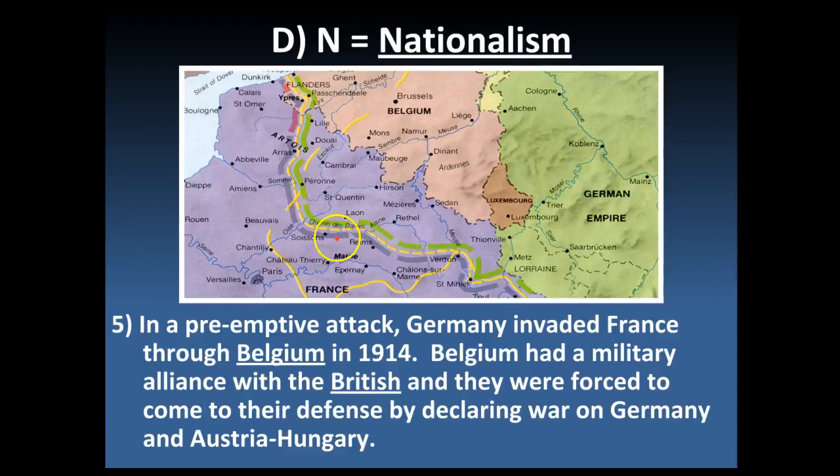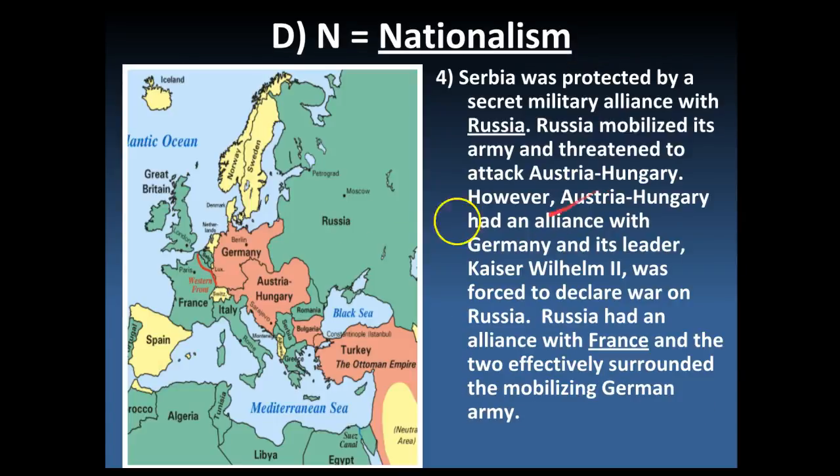But what Germany didn't know is when they invaded France, France had an alliance with Britain. And it's just a crazy web here of alliances that led all these countries in green to attack all the countries in red. Now, the Ottoman Empire does come in here later, but they're not as important maybe as Austria and Germany are in the entire piece here.